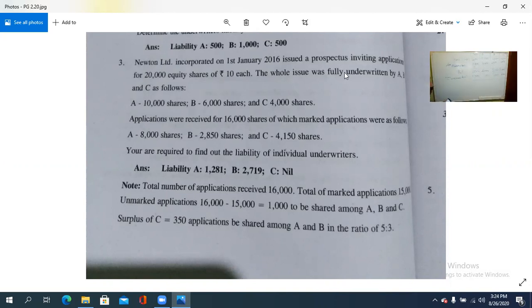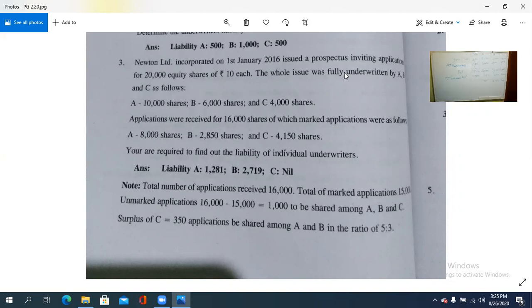Okay, so this is 1,500. This is 3,150 minus 300. It is 2,850. And finally, how much is it? Minus 150 minus 200. So minus 350. This minus 350 is to be shared on gross liability basis in the ratio 10:6.